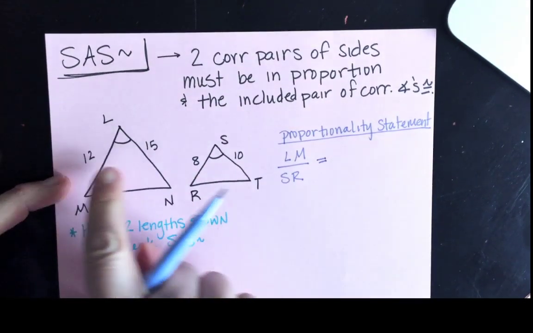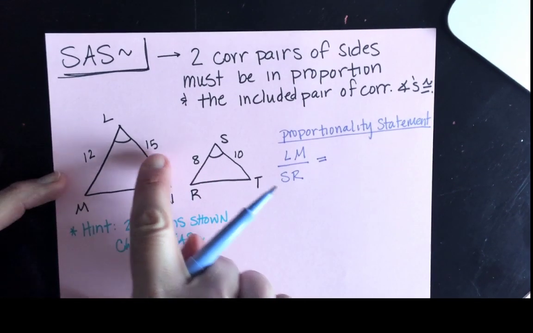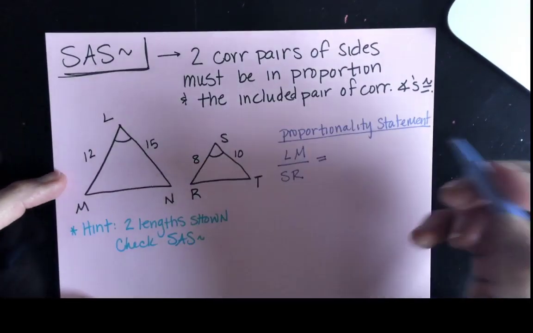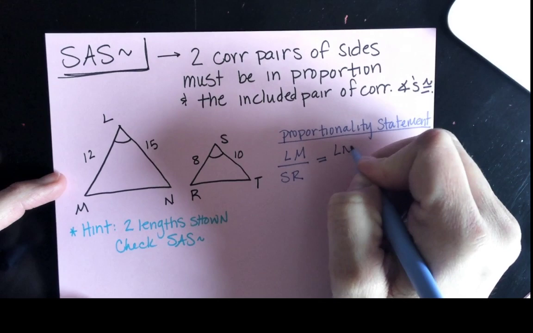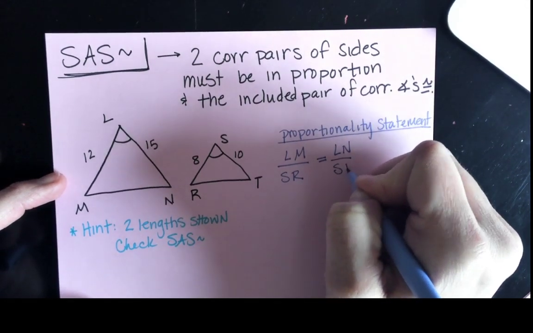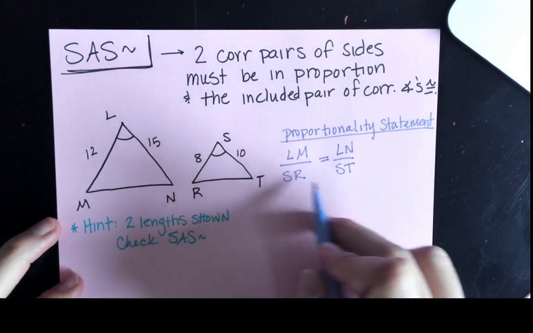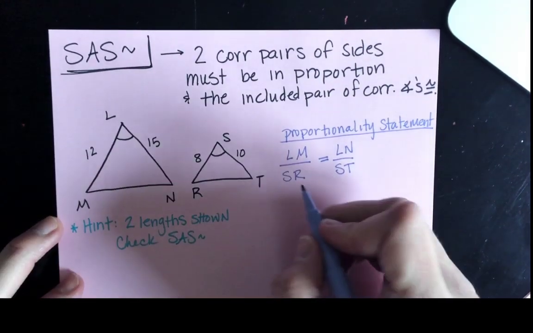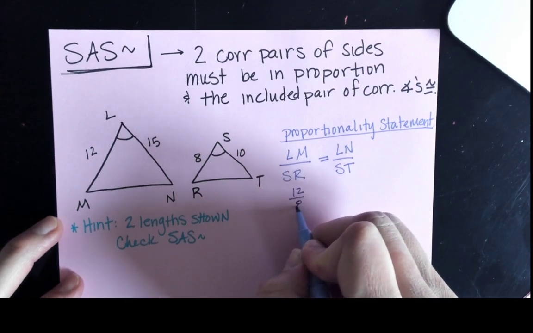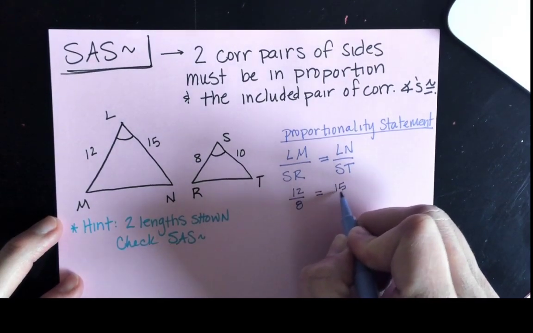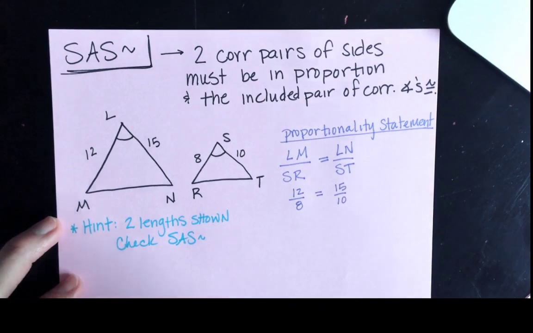So make sure you pay attention to shorter goes with shorter, longer goes with longer. So we end up now with LN over ST. So we do have our proportionality statement. We do plug in and check, do these in fact reduce to the same amount?